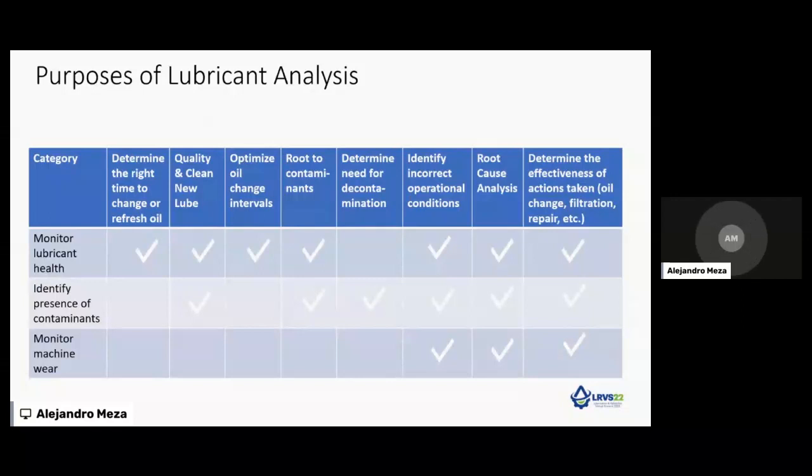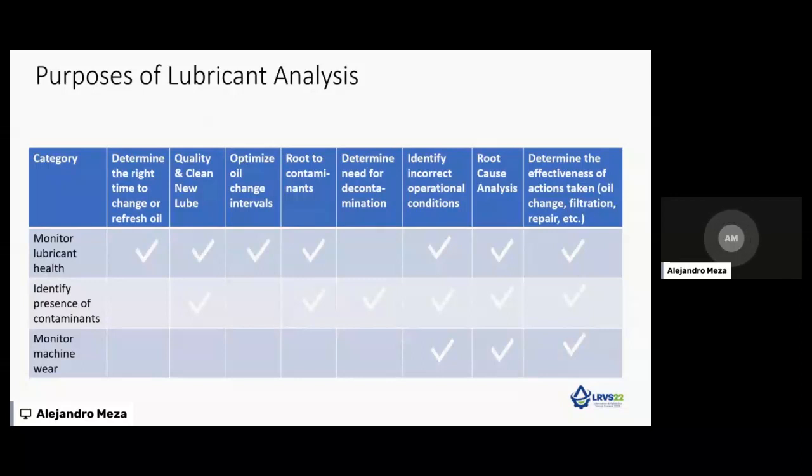Next one, we identify contaminants, and that's one of the purposes. If there is an undesirable contaminant, we should take actions. We're able to take actions before that contaminant may produce a problem in the oil or in the machine.